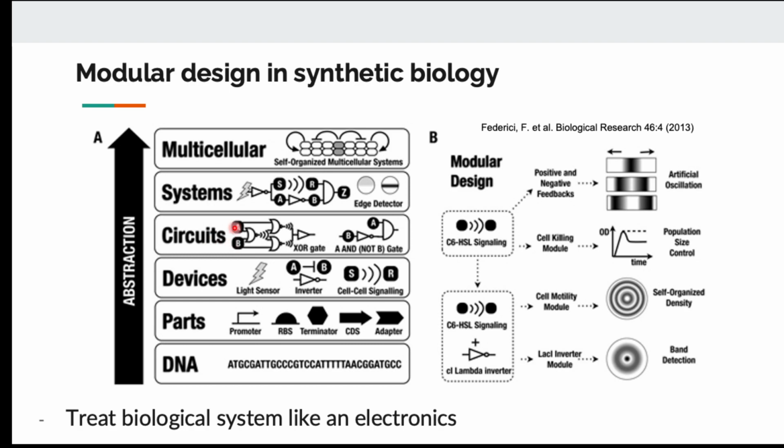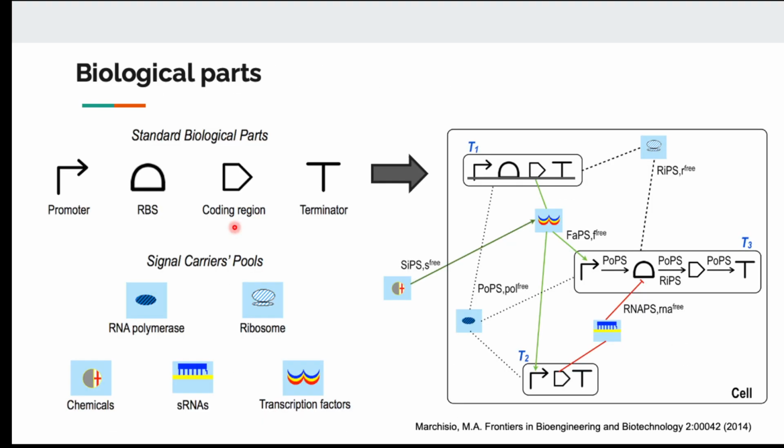Basically, in synthetic biology, we view cells much like electronics. We have parts like resistors and diodes that we can put on a circuit board, and we view cells the same way. We have DNA, proteins, and enzymes that can be put inside cells, and these act like parts, but instead of electronic parts, these are biological parts.